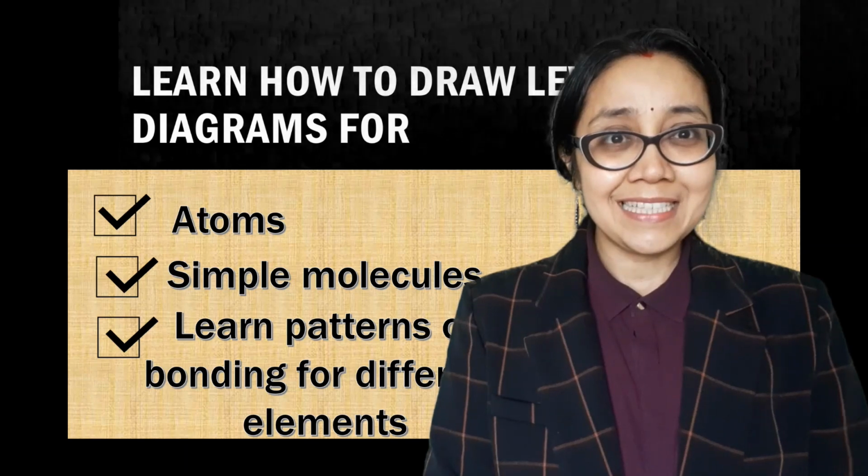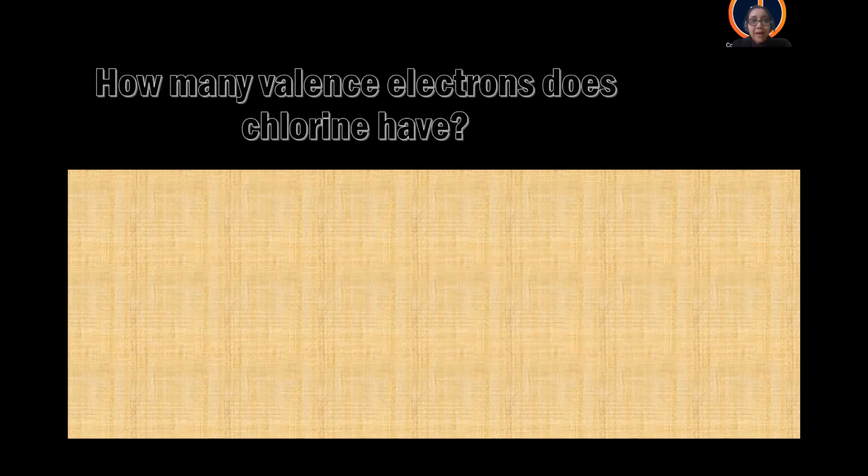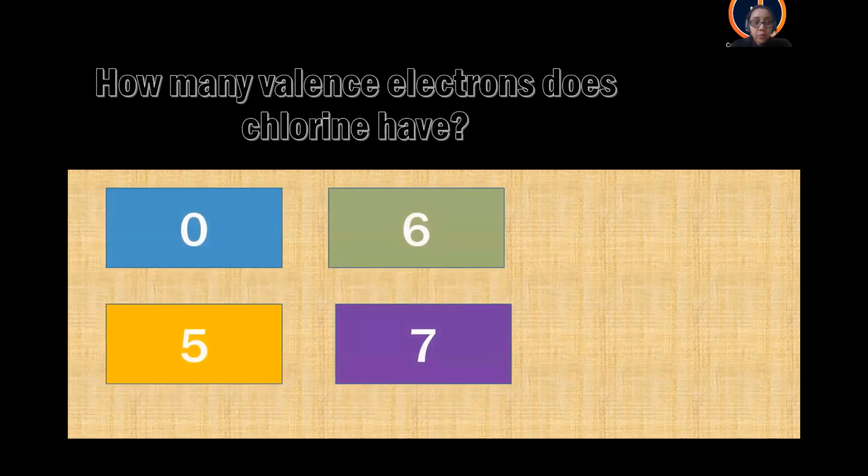So let's start with a simple question. How many valence electrons does chlorine have? You have various options: 0, 6, 5, and 7. Think about the periodic table, where chlorine lies, and that will give a clue.